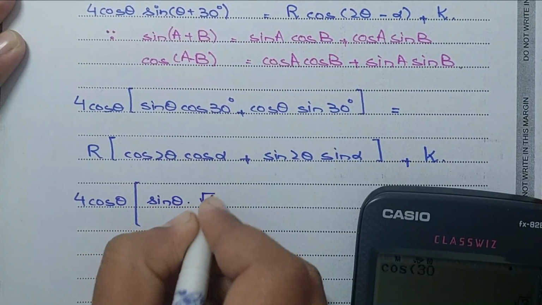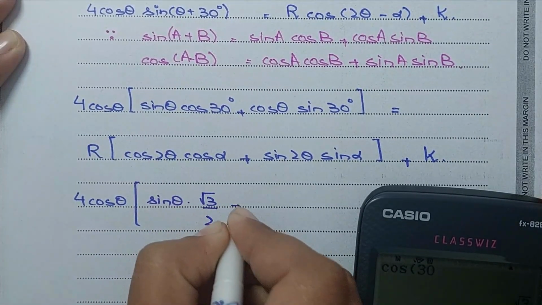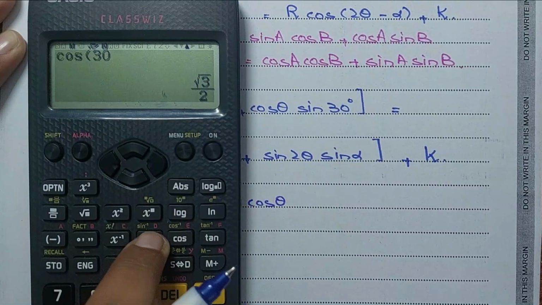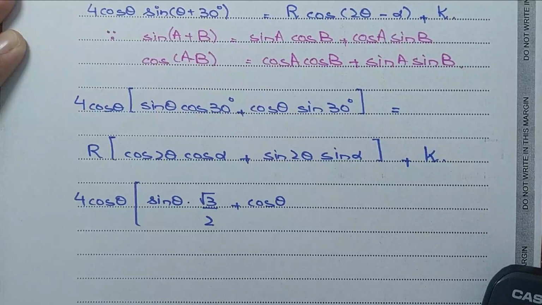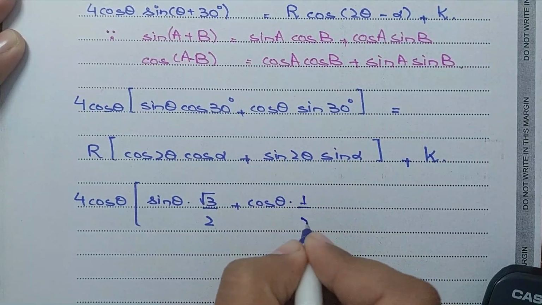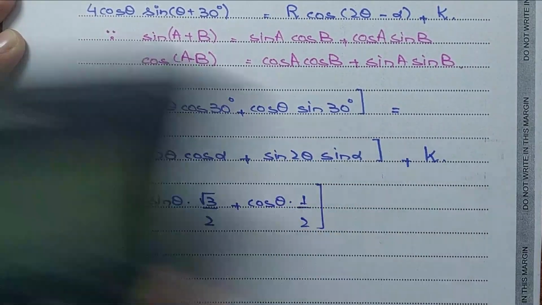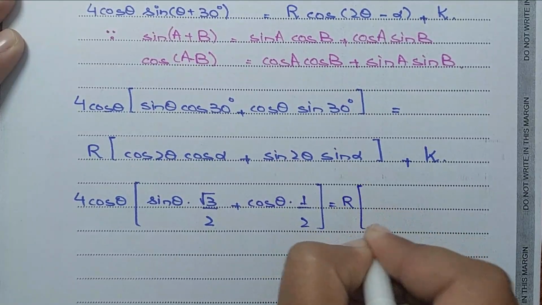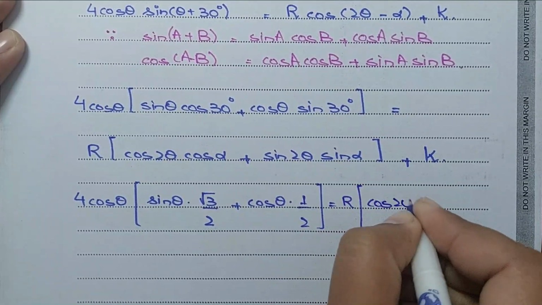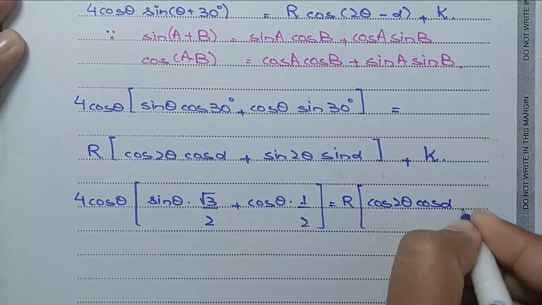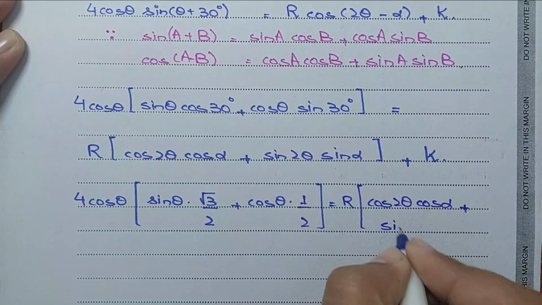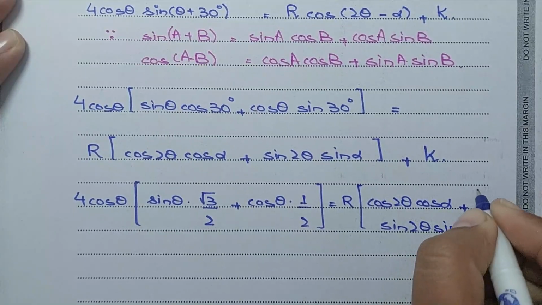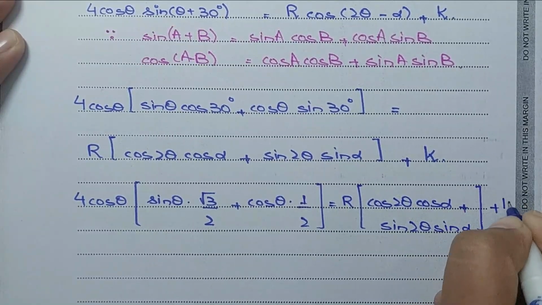Cos 30 is square root of 3 divided by 2, plus cos theta sine 30, which is 1 by 2. This thing equals r, cos 2 theta cos alpha plus sine 2 theta sine alpha, bracket, plus some k.